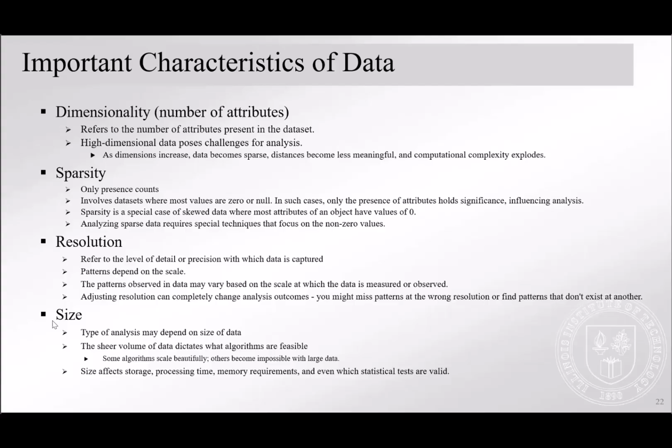So the size affects everything: the storage, memory, processing time, even which statistical tests you can use. So these four characteristics, dimensionality, sparsity, resolution, and size, are not just academic. They tell you which tools to reach for, how to clean your data, and what you can actually believe in your results.